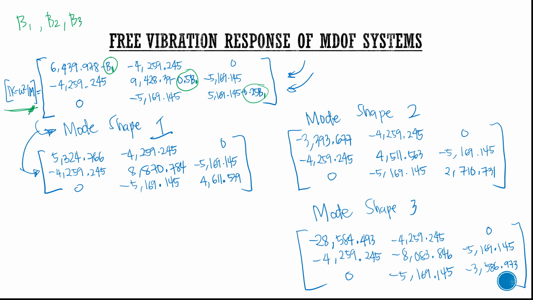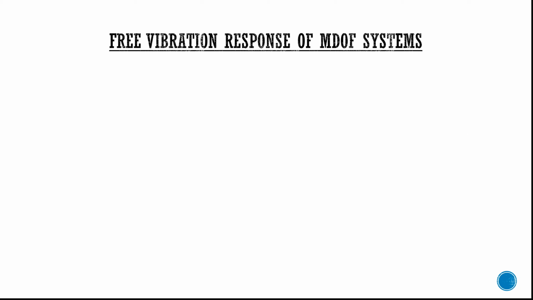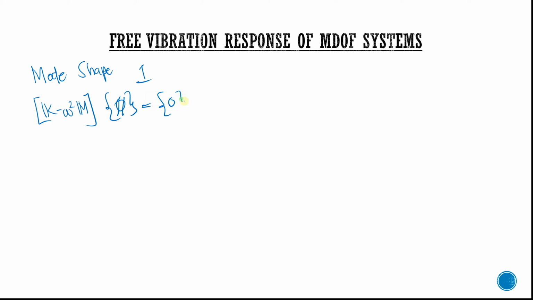Now, next we're going to calculate the mode shapes. So for our mode shape 1, since we already have the matrix in this form, we'll just add the mode shape vector, equal to the null vector.